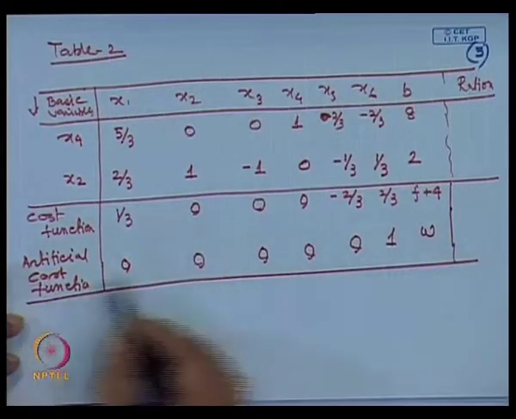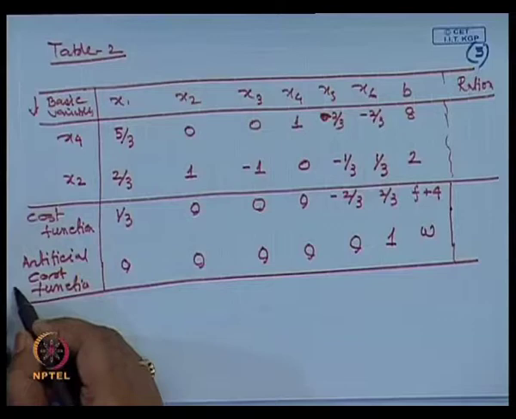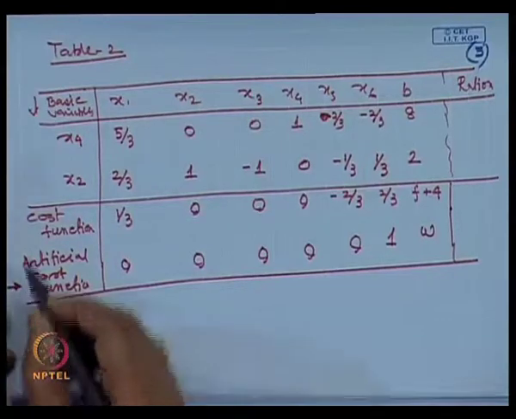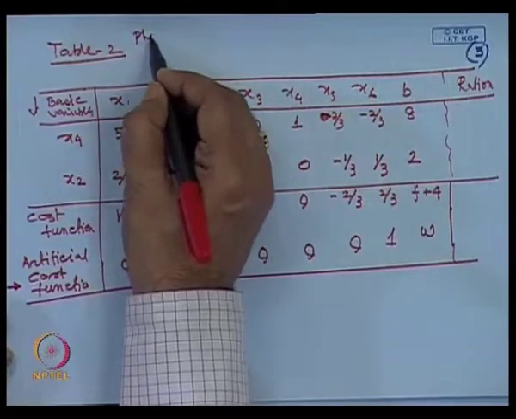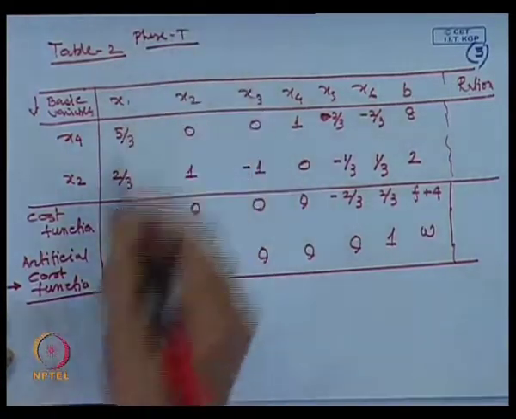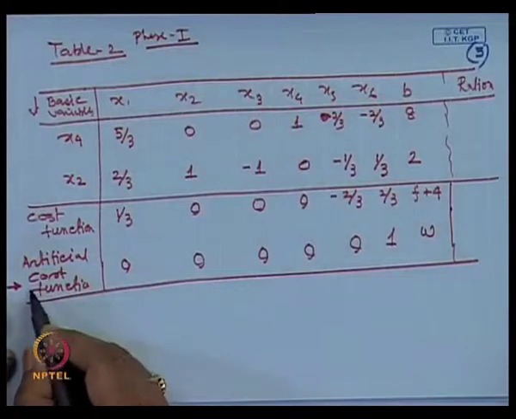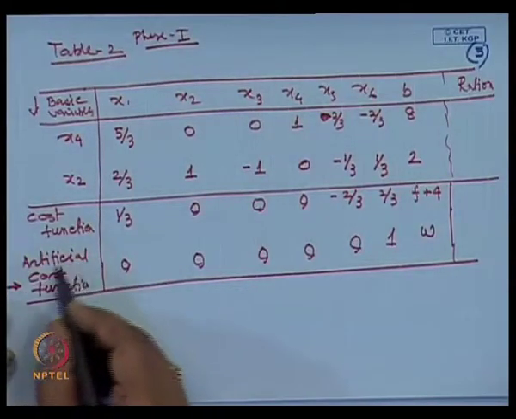Now, in phase 1, our job is to minimize W, our artificial cost function.